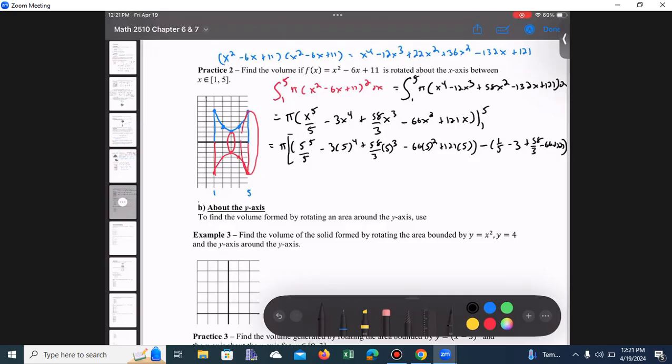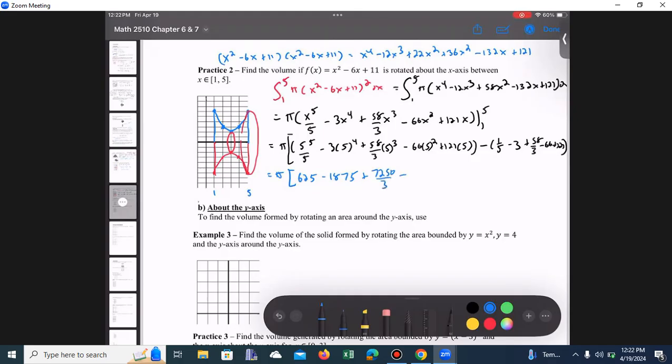So let me get some of these values here, especially the whole numbers. Make this kind of easier. So 5 to the 5th divided by 5 is 625. 5 to the 4th times 3 is 1875. 5 cubed is 125, so you get 7250 over 3.